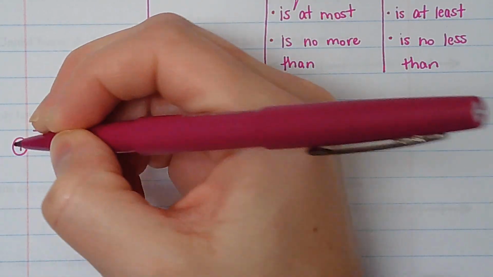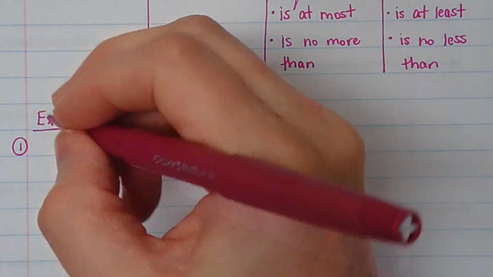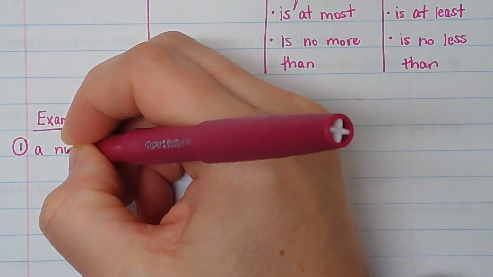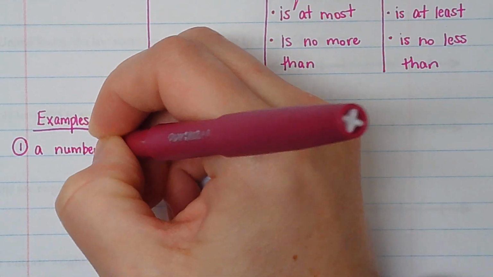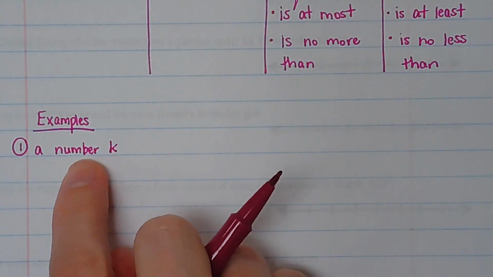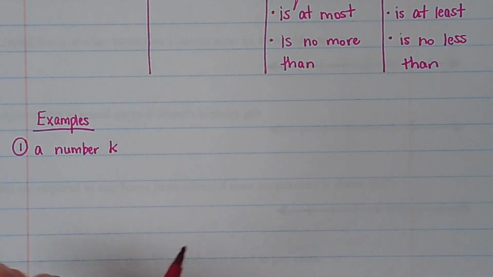All right, here's one of them. What if it said a number K? Once again, I know that K is a letter, but remember, we learned in substitution that K is really a number that they're going to place in there eventually once we figure it out.